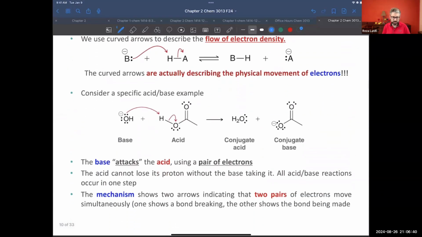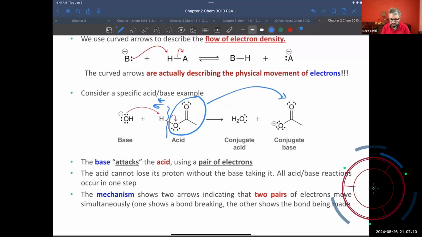Again, here it's showing us that our OH is donating 2 electrons, or a lone pair, and putting electrons inside the sigma star orbital of H. It will take H from the system. Whatever is left will be the conjugate base, and OH, after accepting H plus, will be the conjugate acid.